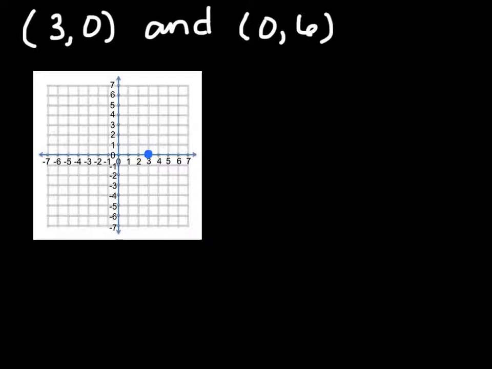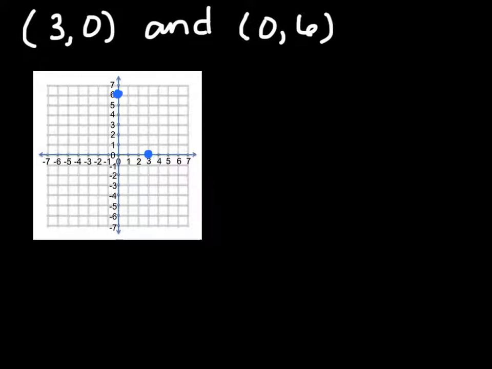That means that you could, theoretically, paddle for 3 hours and not drift at all, and complete your 12 miles in 3 hours. Now let's graph our y-intercept, which is at 0, 6. At that point, you would drift for 6 hours without paddling at all. Just hang out in the canoe and take a ride, and get to your end destination in 6 hours.